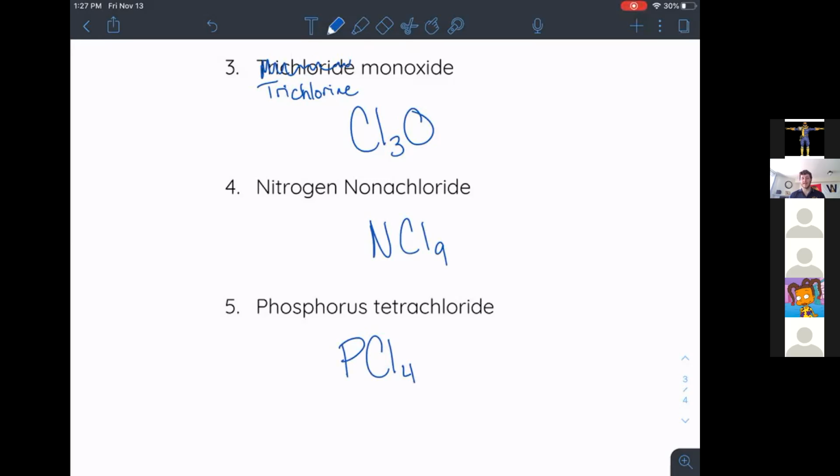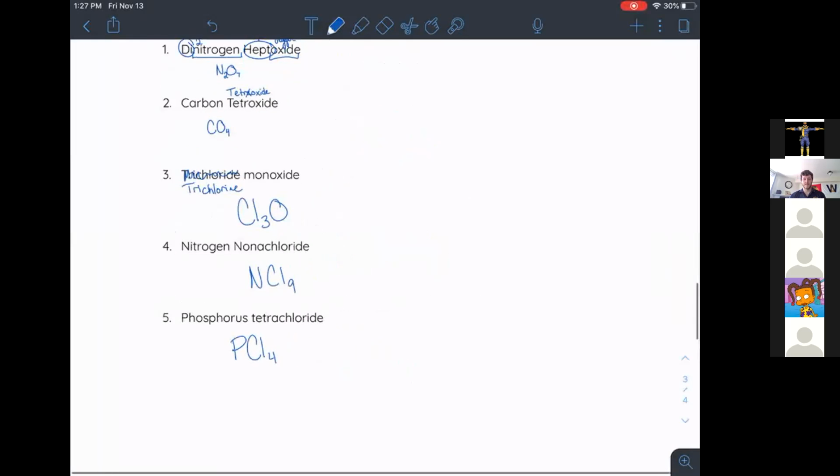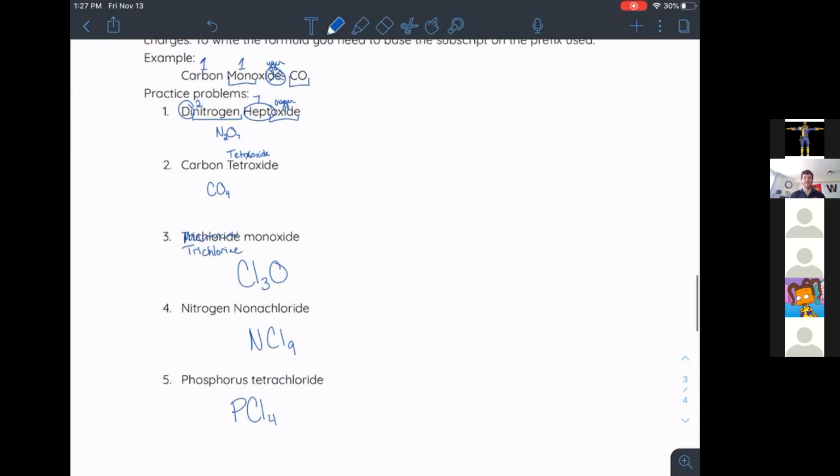Any questions on any of these? All right, ladies and gentlemen, that was everything I have for you on this worksheet. So just go ahead and work on that ionic naming, check for understanding, and then you are all done for the day.